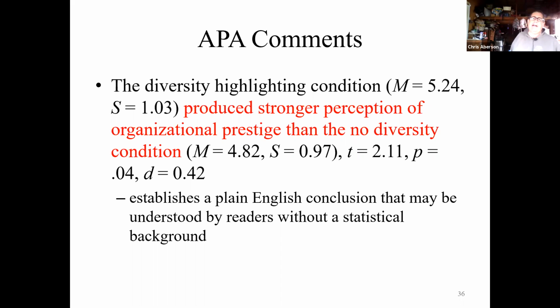So we established that plain English conclusion. Want to have that in every single thing you do. This is an important piece of scientific communication. You want to be able to tell people things in a way that does not rely on them having to know statistics. Now, the statistics are in there for those of us who are interested, but they're not necessary for the interpretation.